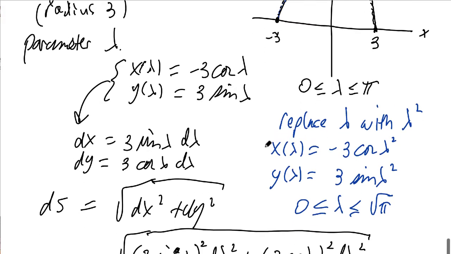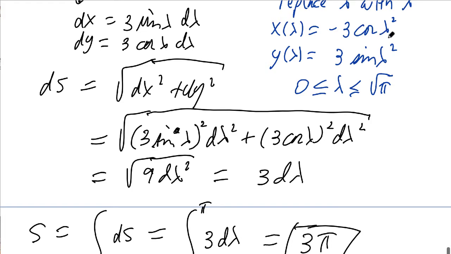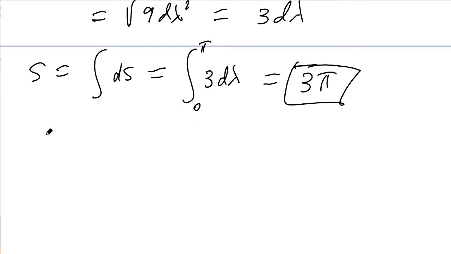We just need to compute dx and dy from these expressions just like we did here. Okay, so if x is minus 3 cosine lambda squared, then dx is 3 times sine lambda squared times the derivative of lambda squared, which is 2 lambda d lambda.